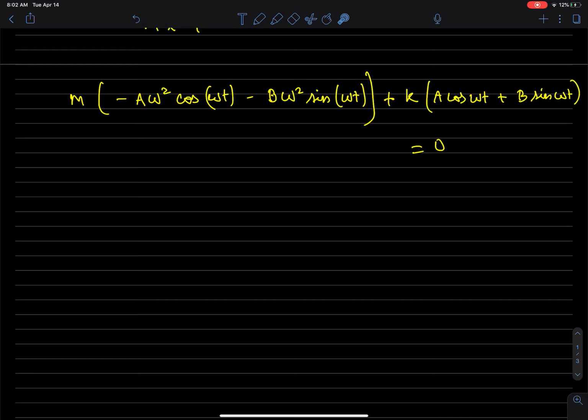Notice we have some things that are very similar. So we can remove the omega square outside. So we have minus m omega square, and once you remove the omega square, all you have left is A cosine omega t plus B sine omega t. So let's write that down. And then we have k times A cosine omega t plus B sine omega t.